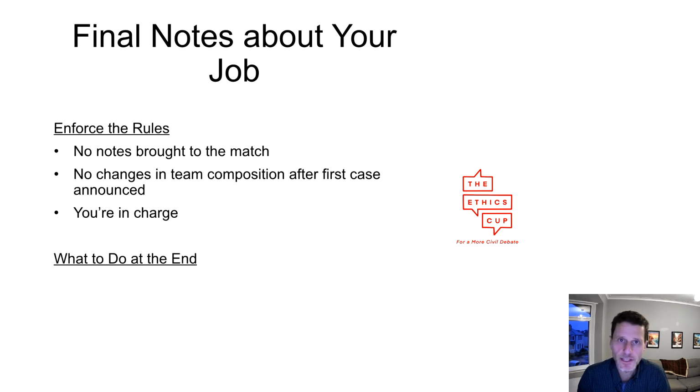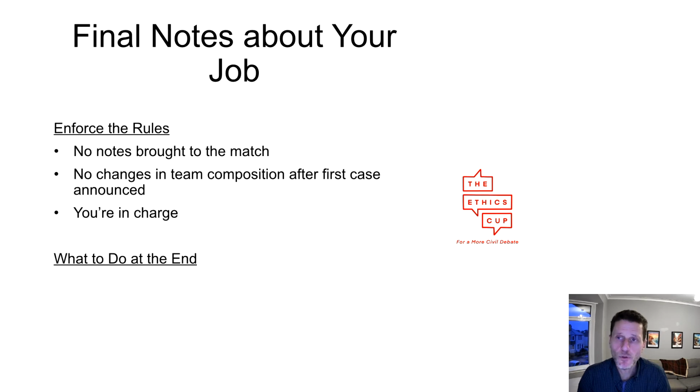The final thing is what to do at the end of the match. So congratulations, you've taken the match through all of its phases, including the very last one. What happens now is that you give the judges a little bit of time to check their marks, to make sure they're happy with them, add them all up, and write comments on the reverse side of the score sheet.